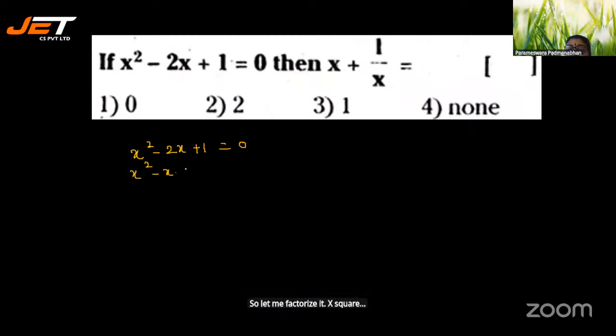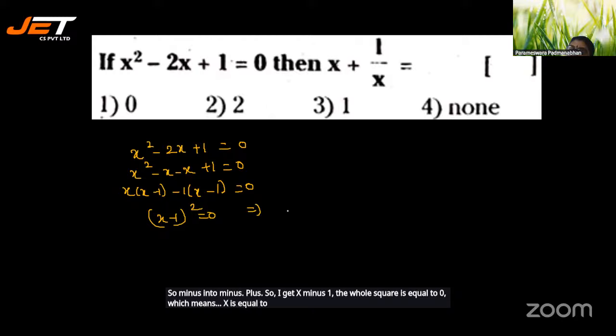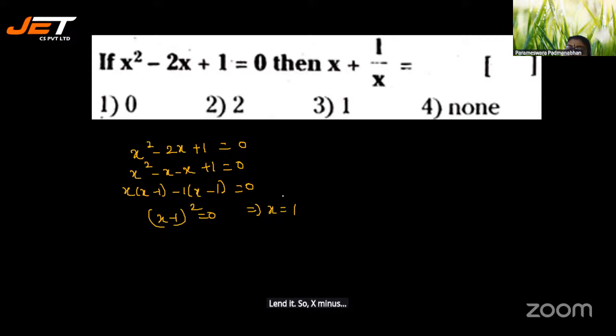Correct? Yes. So plus 1 is 0. X into x minus 1, minus 1 into, so minus into minus, plus. So I get x minus 1, the whole square is equal to 0, which means x is equal to 1. Isn't it? So x minus 1 is 0, x is equal to plus 1.